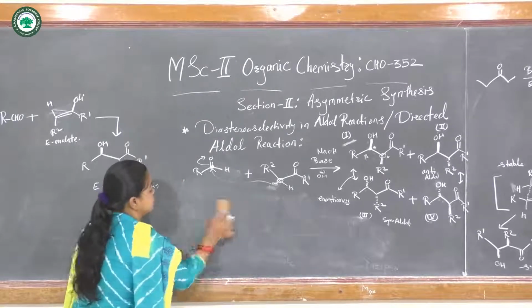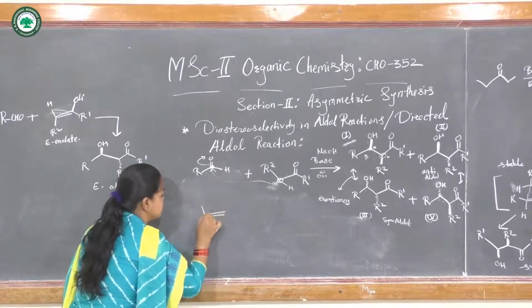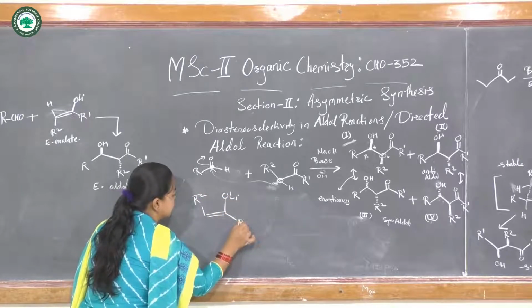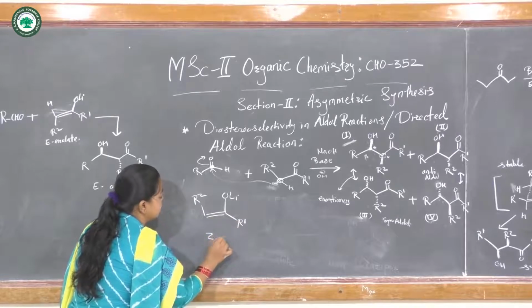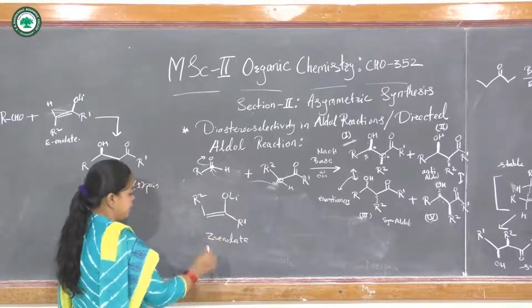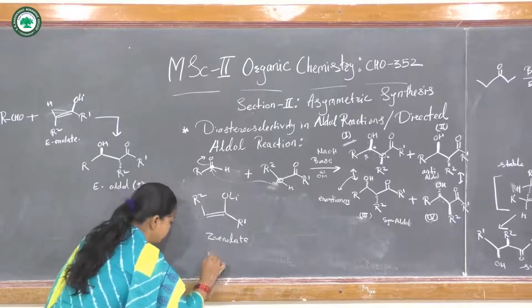So we can directly write the structure of this Z-enolate. It is the Z-enolate. It is formed in the reaction along with the E-enolate.